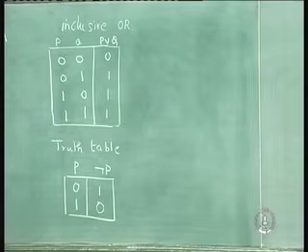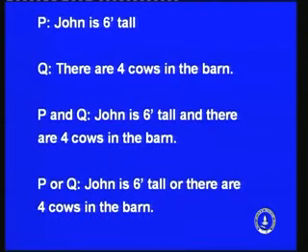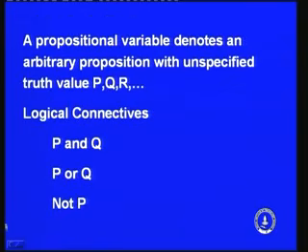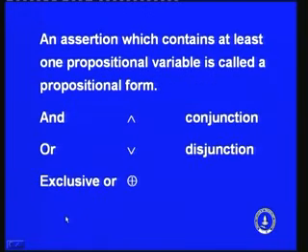So, what is the statement not P? John is not 6 feet tall. That will be the statement for not P. So, we are studying the operators and, or, not. There is one more operator called the exclusive or.